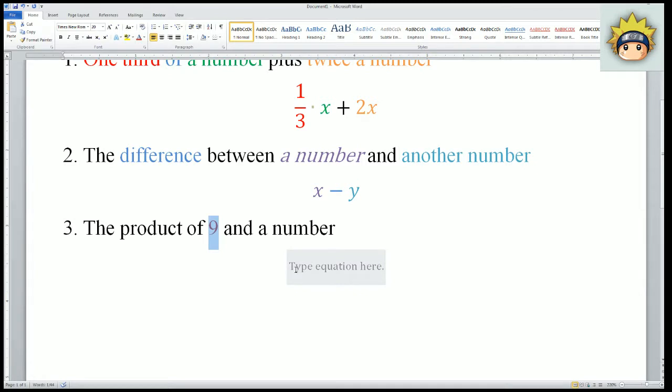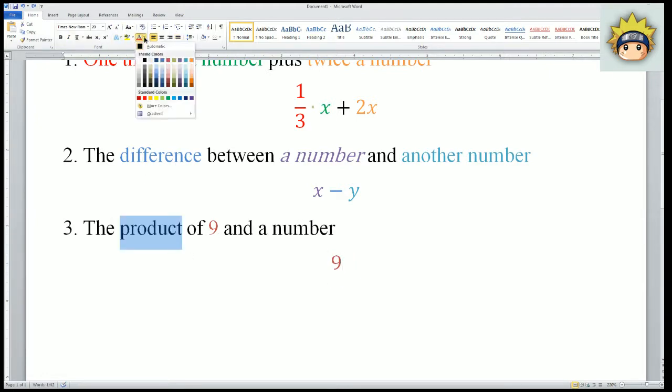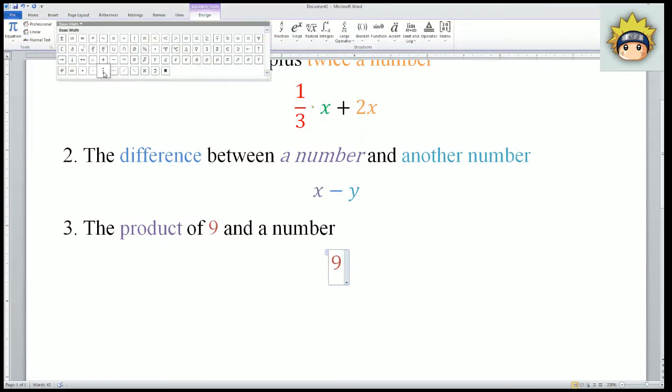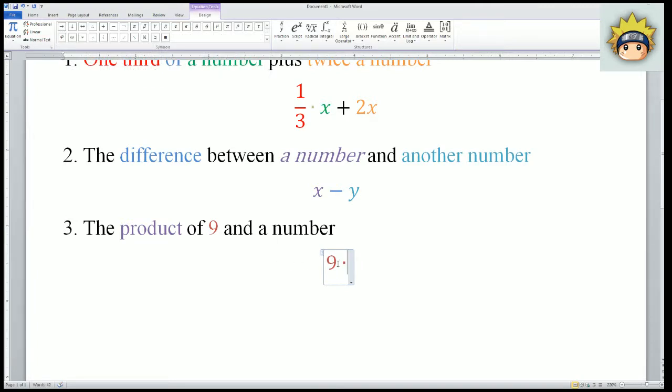Let's make that red 9. Product means multiplication. Let me color code that for you. Purple for this problem. And you want to put the dot. You can put a dot here, for the product.